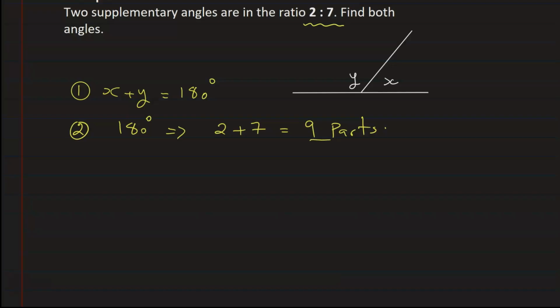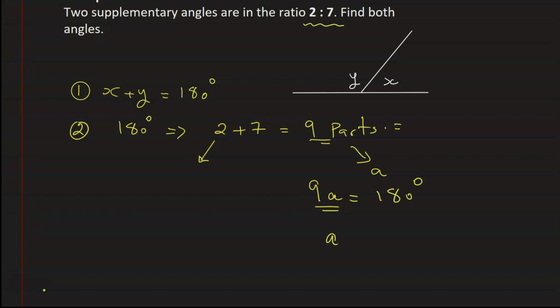And out of those 9 parts, 2 of them are a specific part. So the first one is 2 to 7. That means 2 of these 9 parts belong to the first angle. Okay, so let's call each of these parts A. So there's 9A in total, so you can get 180 degrees.